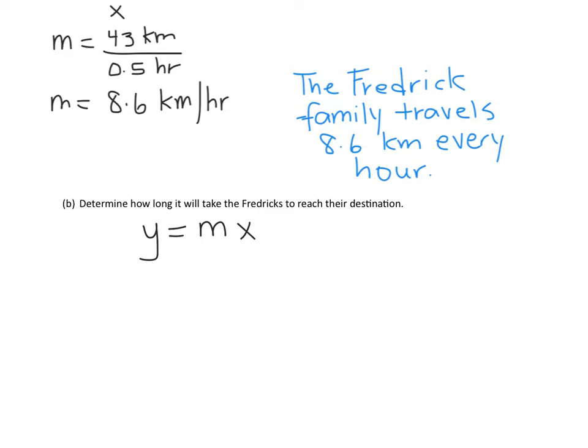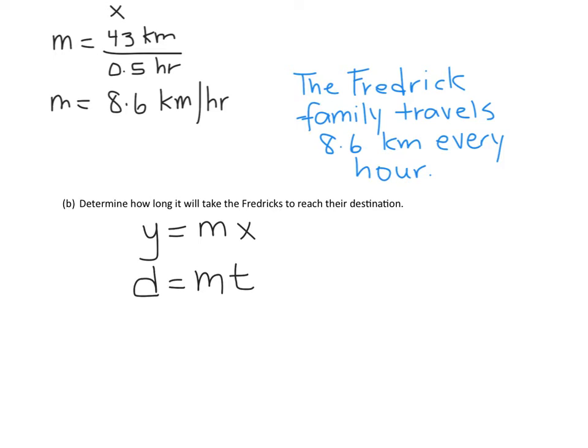So we said that distance would be plotted on the y-axis, and we used distance as a y variable. So we're going to replace y with the letter d. Then we have our equal sign. We're still keeping the letter m for slope. Remember, m is always used to represent slope. And instead of the letter x, we will input the letter t because time is always plotted on the x-axis.